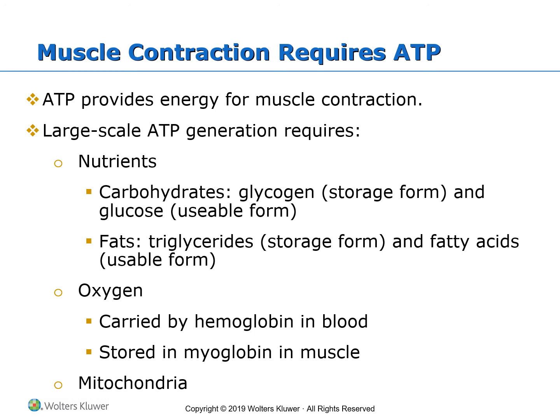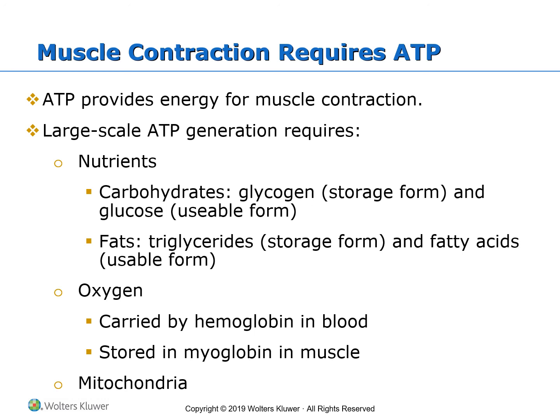Another type of nutrient that the body can use to produce ATP is the fats. And the stored form is called triglycerides, and they are stored in our fatty tissue with fatty acids as the usable form. Now, to produce energy, we need to burn those nutrients.